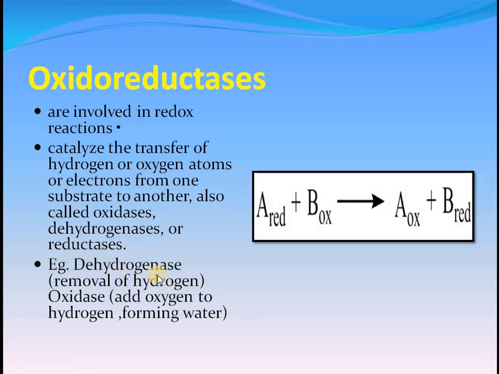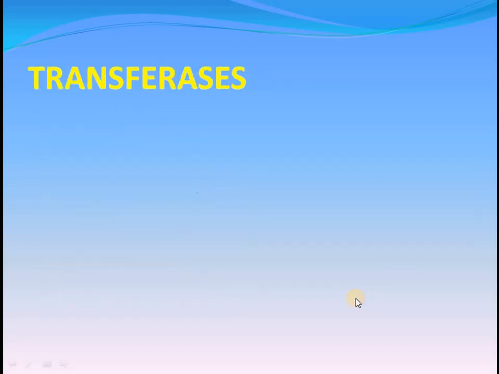For example, dehydrogenases mean the removal of hydrogen, and oxidase means adding oxygen to hydrogen forming water. Now this is the general formula. In this, here is molecule A, reduction, plus B, oxidation, and then it will give A oxidized and B reduced.